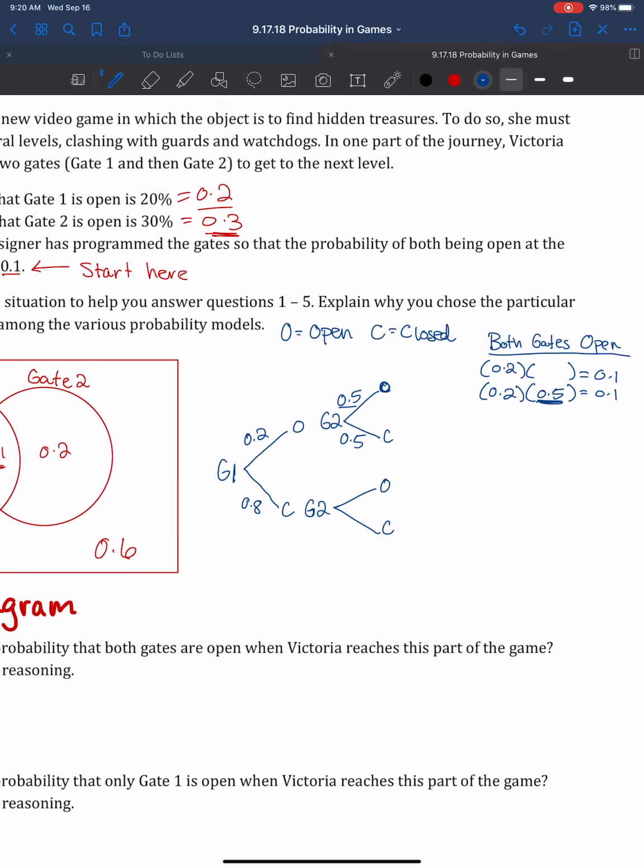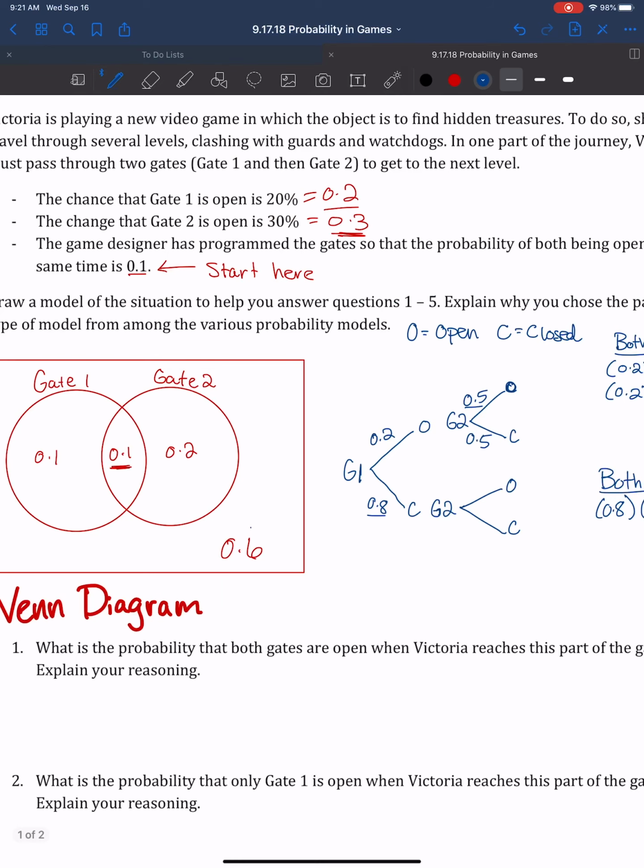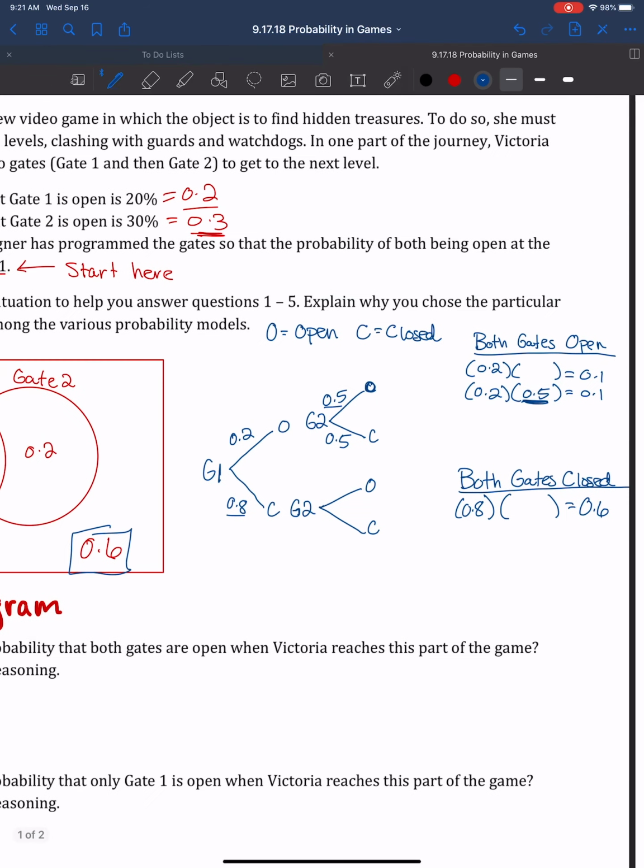Now, gate 2 being closed, if we look at both gates being closed, we've got gate 1 being closed 80%, so we got 0.8, and we're going to multiply that by whatever gate 2 is to equal 0.6. And remember, we said this 0.6 over here represents both gates being closed, right?